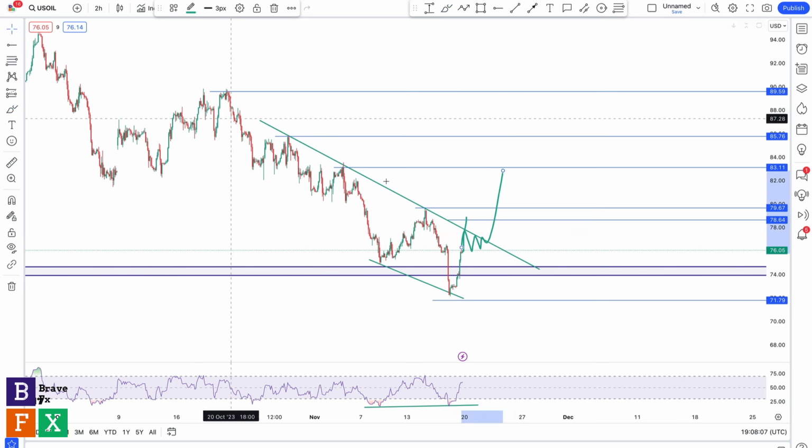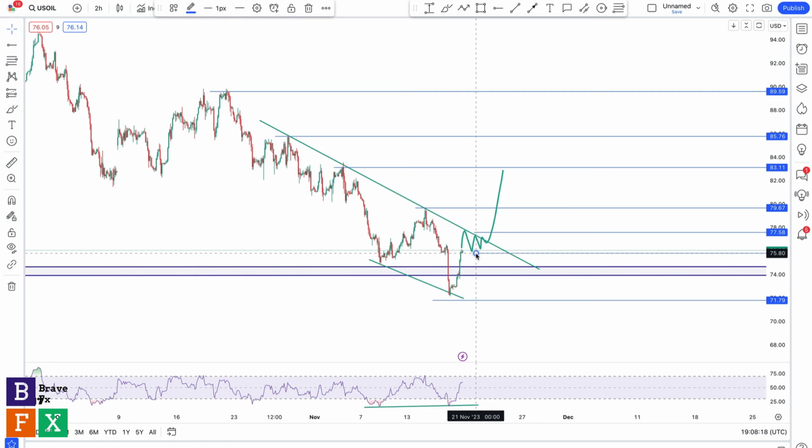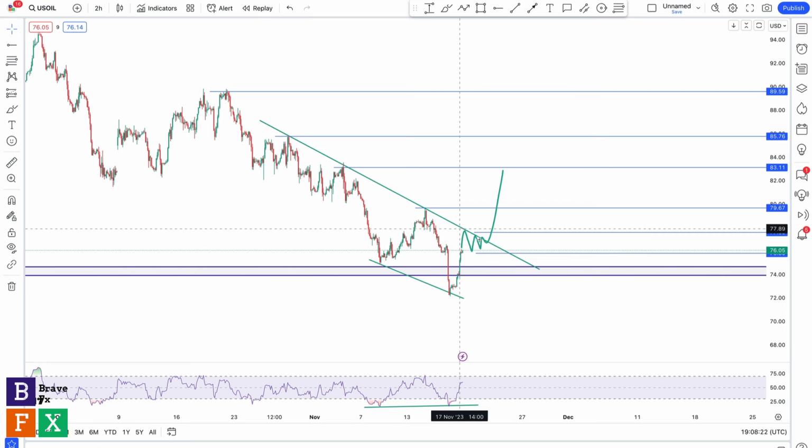This would give you a better risk to reward ratio and a better confirmation for your trades, because then you get your entry at the breakout after the consolidation. The stop loss could easily be below the consolidation, because when we trade below that consolidation, it means the setup is invalidated. So if you get a consolidation like this, it helps you manage your risk properly, gives you a better risk to reward ratio, and you enjoy tons of profits compared to the risk you are taking for that trade. So this is briefly for crude oil.